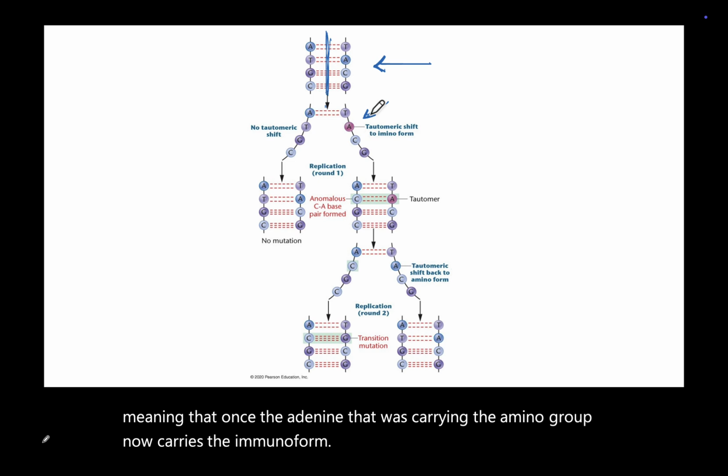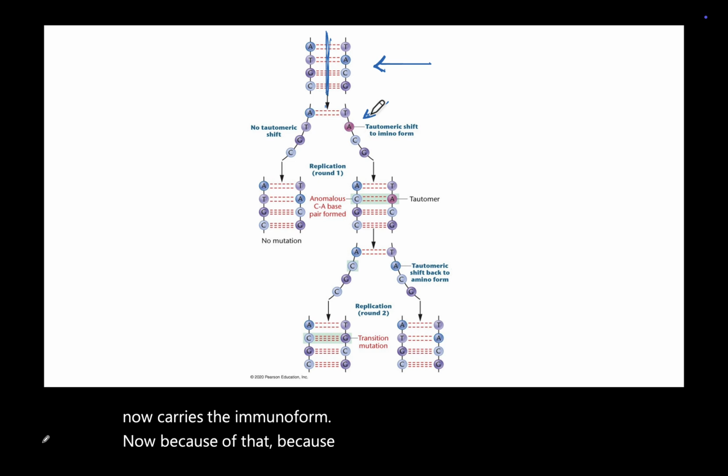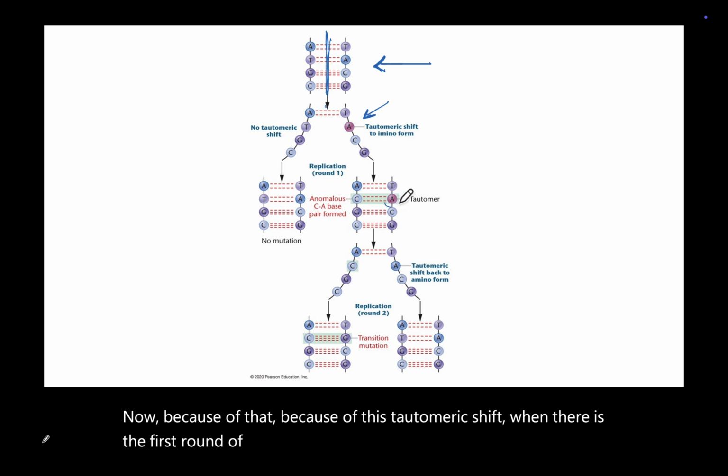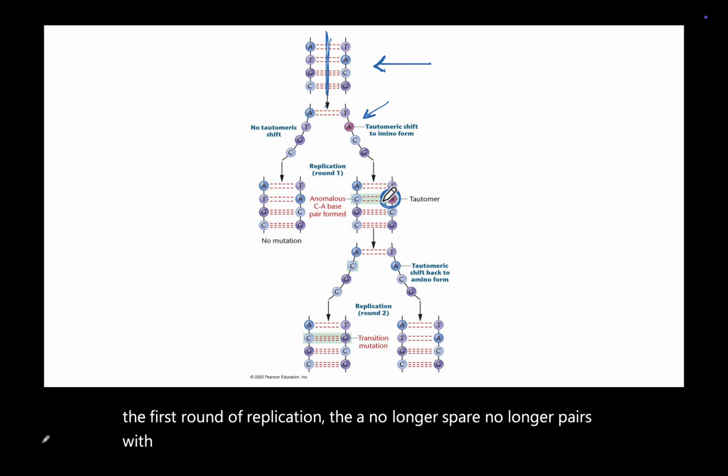Now, because of this tautomeric shift, when there is the first round of replication, the A no longer pairs with T. It now pairs with C.